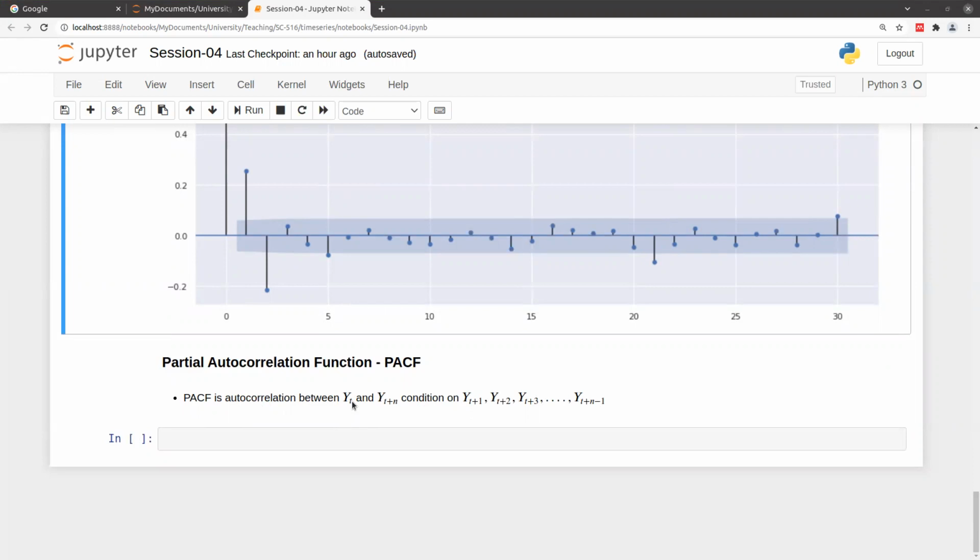Suppose we have y_t and y_{t+n}, then there are some data points in between, y_{t+1} and so on.